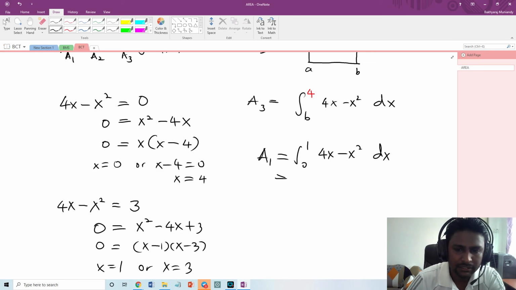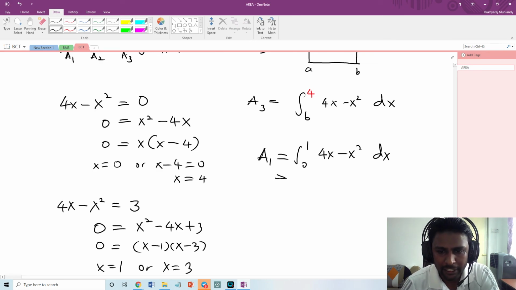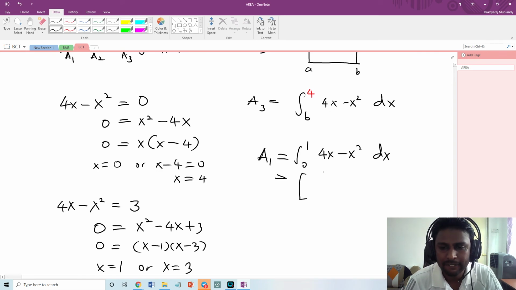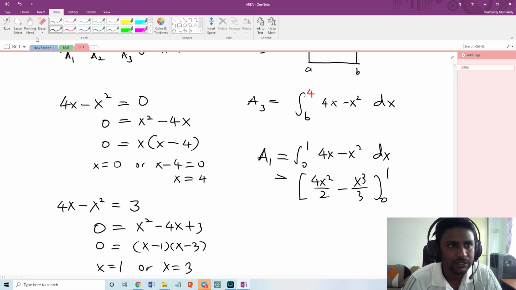Okay, what is the answer for A1? Anyone want to try? Correct. 4x square over 2 minus x power of 3 over 3, from 0 to 1. So ini boleh simplify.